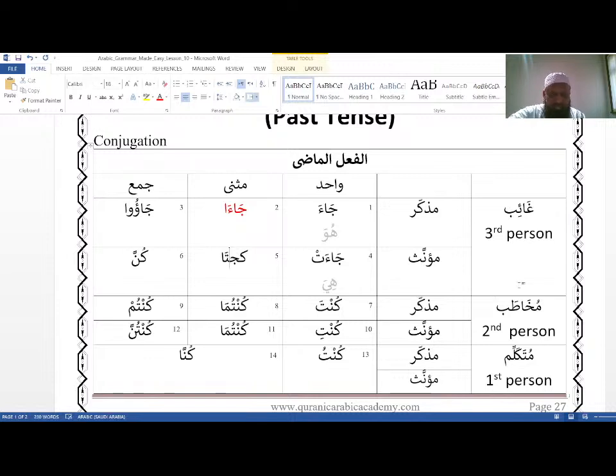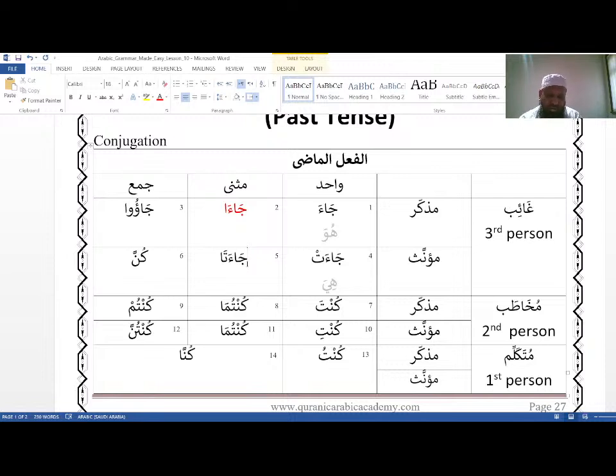فجاءت، جاءتا. Yeah, these are right. جاءت واحد مؤنث غائب. جاءتا مثنى مؤنث غائب. جمع مؤنث غائب.